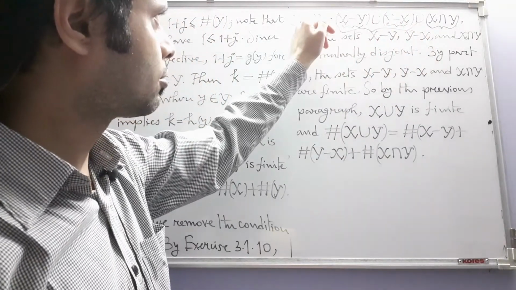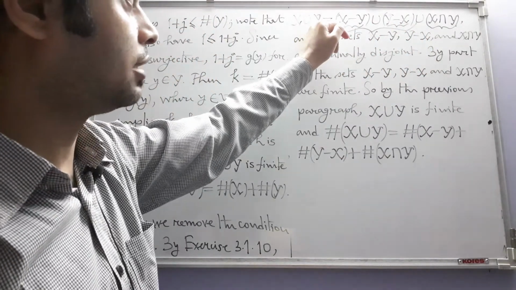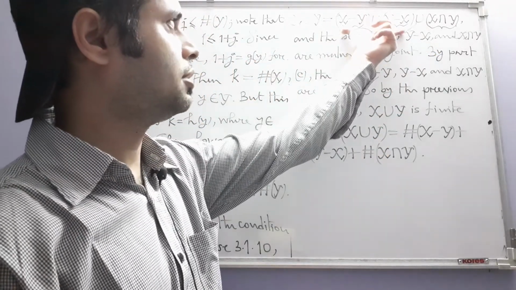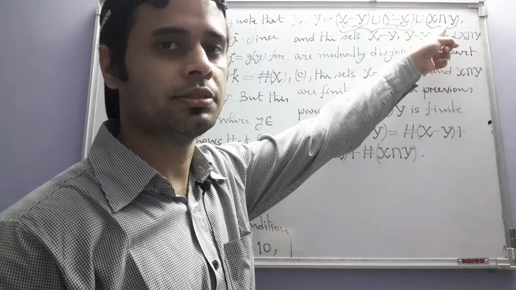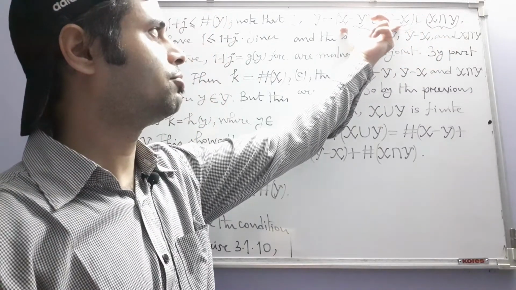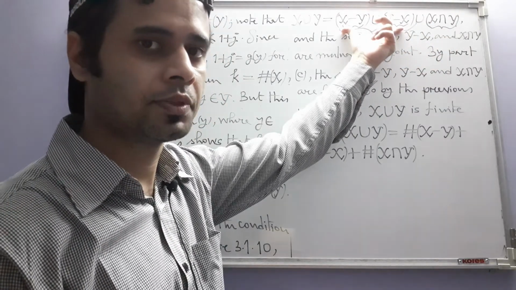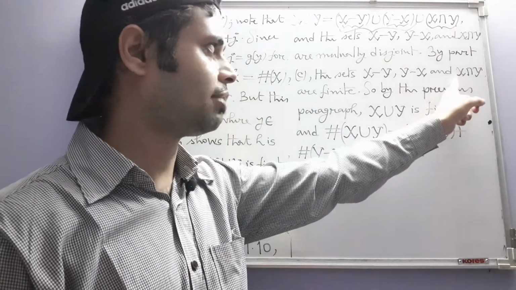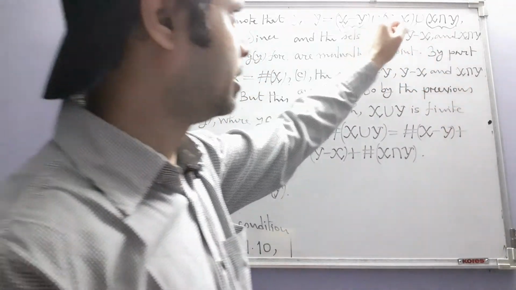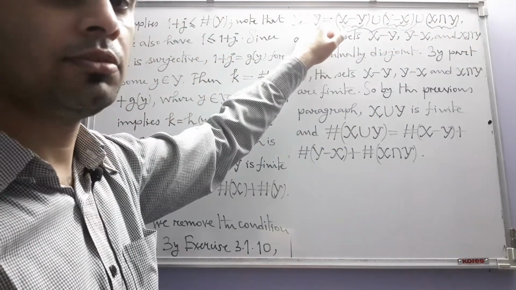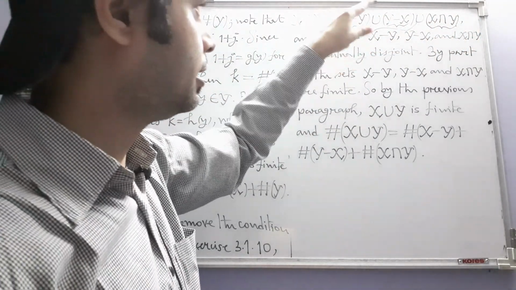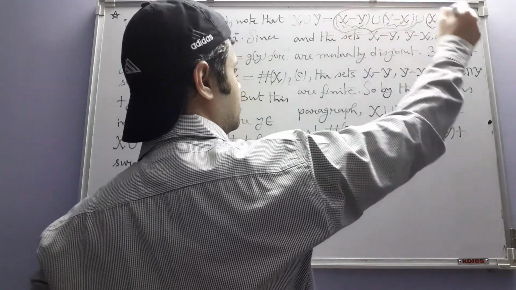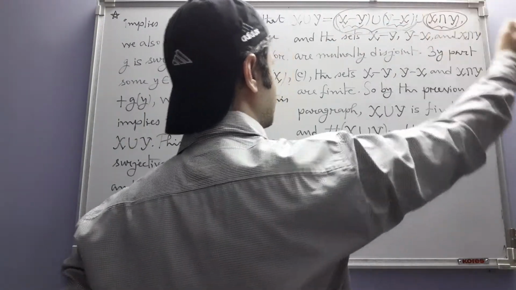Then you consider this union x and y and view it as the union of two sets. One of them is this union and the other is this set. We have already proved that this is finite, and this is also finite. So their union, which is nothing but x union y, is finite, and its cardinality is the cardinality of this union plus the cardinality of this union.